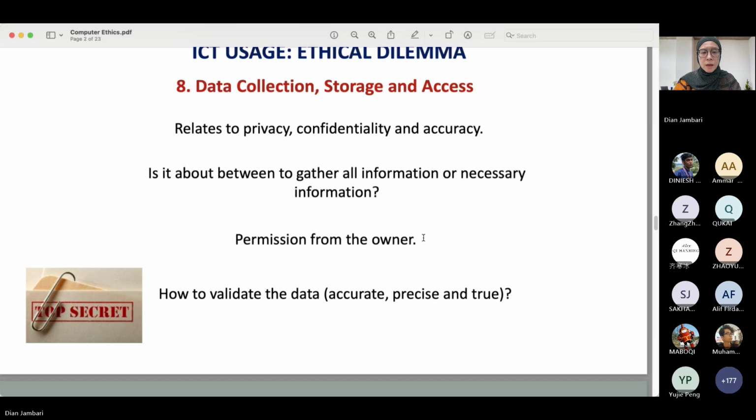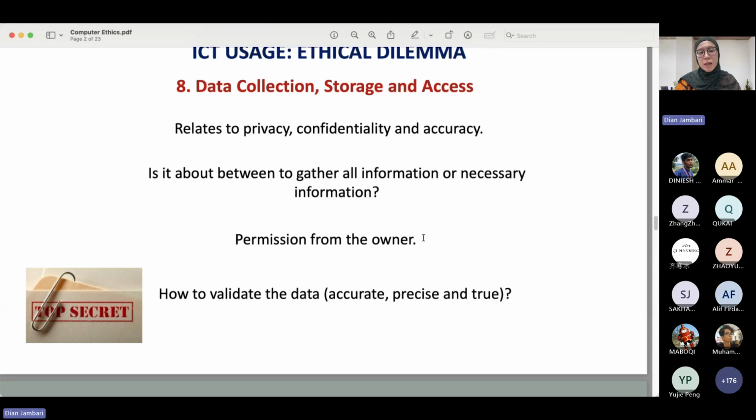And then another example or scenario where we can be caught in an ethical dilemma in relation to data collection, storage, and access is in terms of collecting the information or data. Is it necessary to collect all of the information, or only what is related or required?